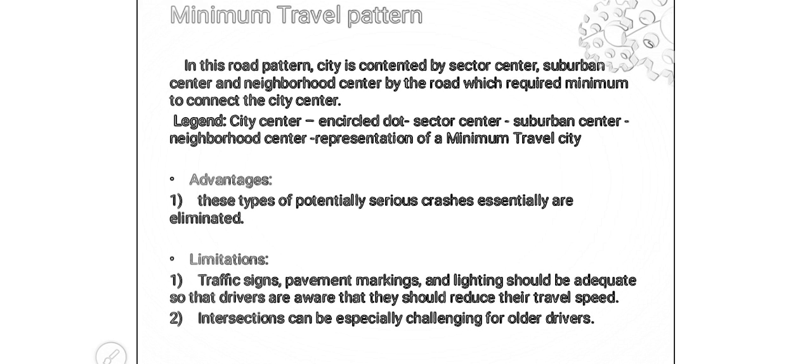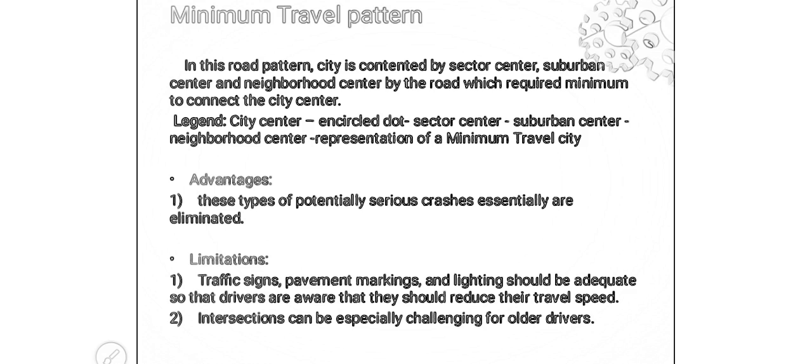Similarly, minimum travel pattern. In this pattern, the city is connected by sector center, suburban center, and neighborhood center by the roads required minimum to connect to the city center.